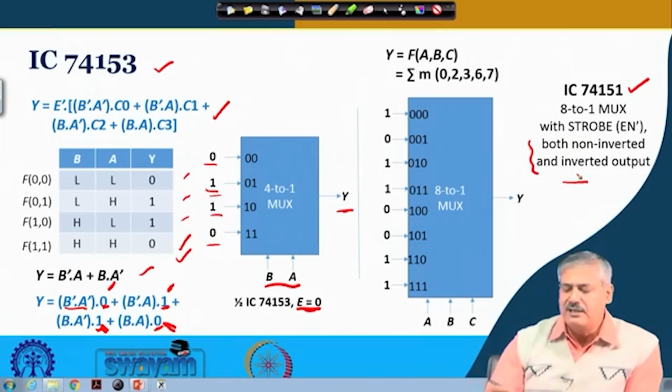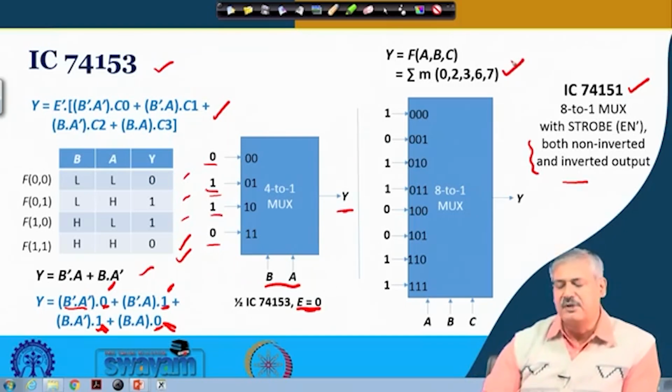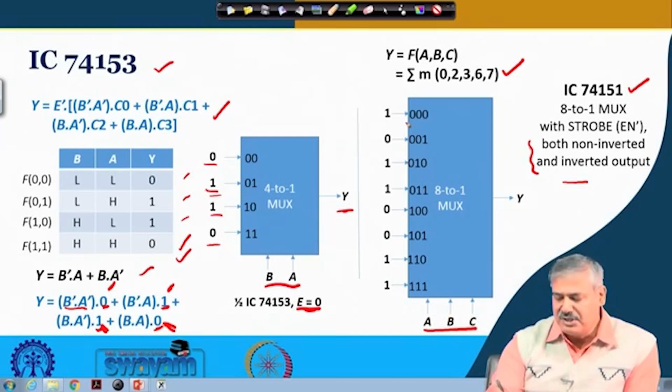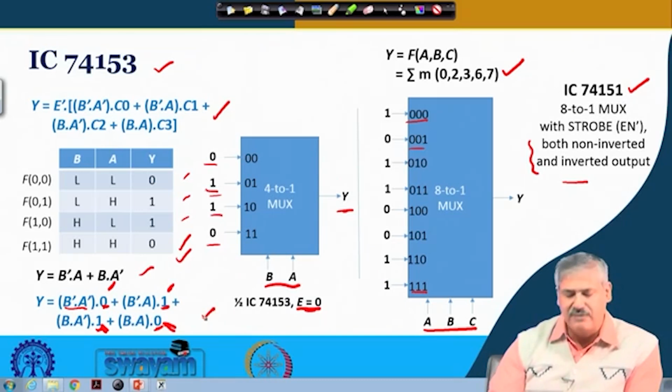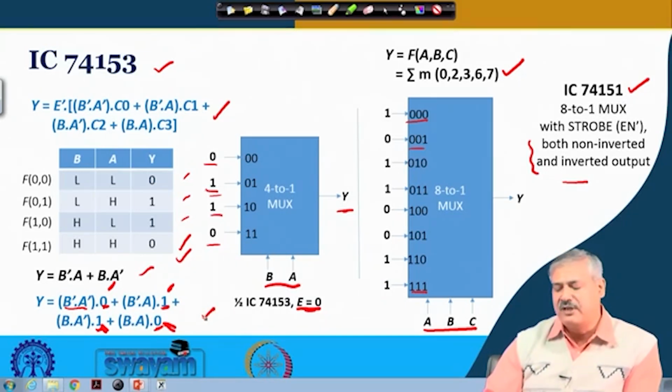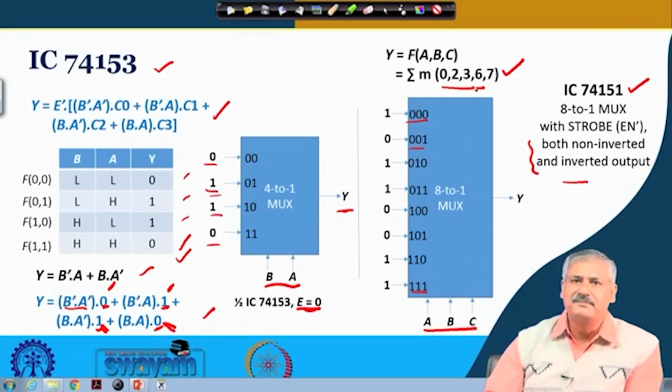And we want to realize a truth table which has the min terms 0, 2, 3, 6, 7. So, how do you go about it? This is the 8 to 1 multiplexer, these are the select inputs, and we know 0, 0, 0, 0, 0, 1 up to 1, 1, 1, these are the corresponding data inputs. Going by the previous discussion in the earlier class and just now what we had done for the 4 to 1 multiplexer 2 variable example, wherever these min terms exist, the corresponding di value we put as 1.